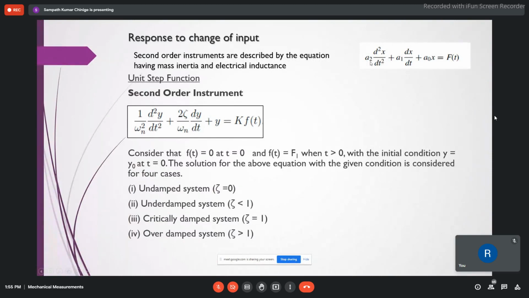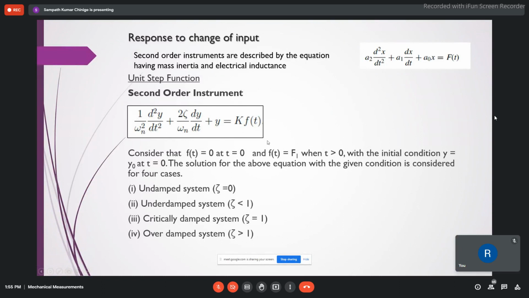This expression you have already seen; we have converted it into this particular form where omega and zeta were defined in the previous class. Zeta is the damping coefficient, omega n is the natural frequency, and k is the static sensitivity.